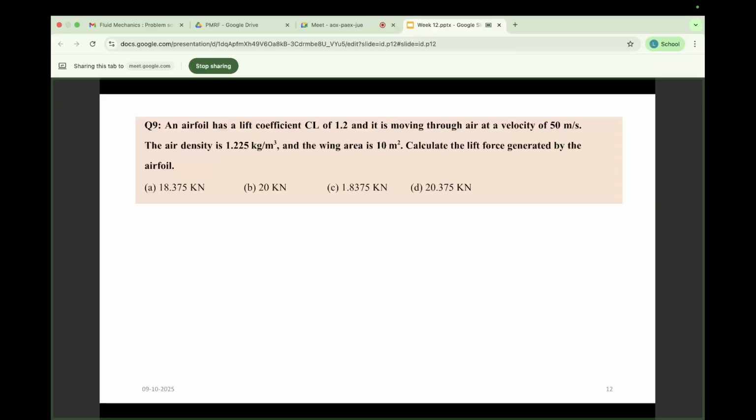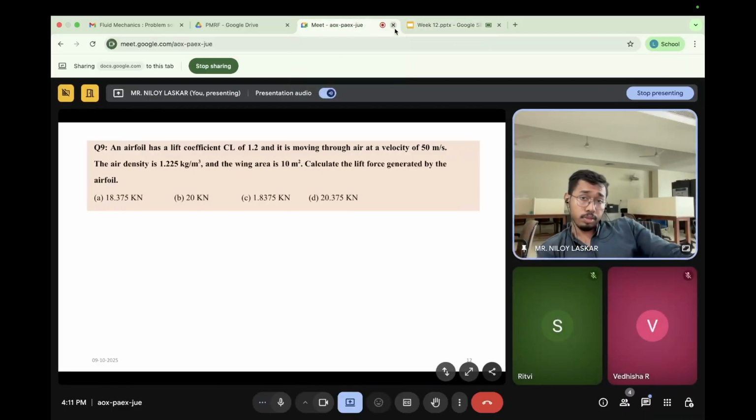So this is our next question. This is a numerical, not fully numerical. It's a fully numerical question.